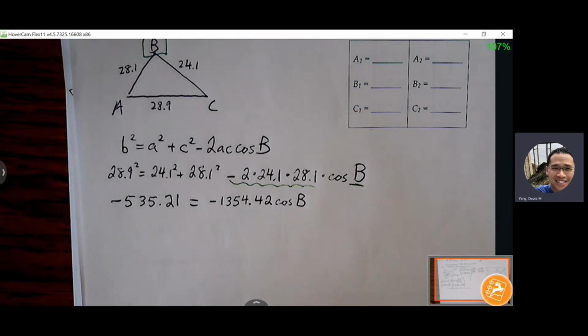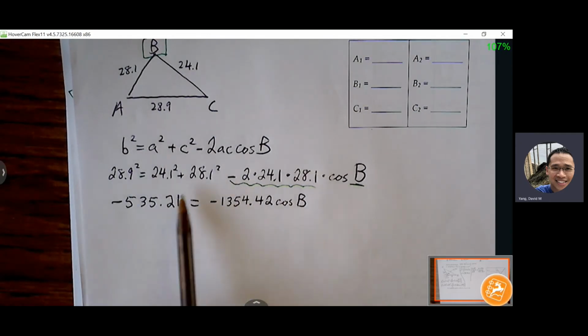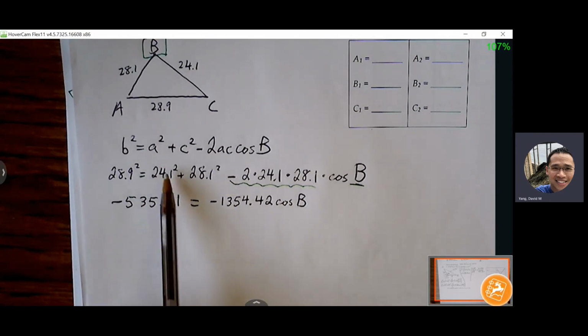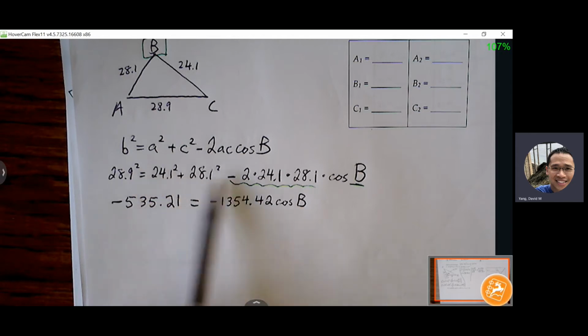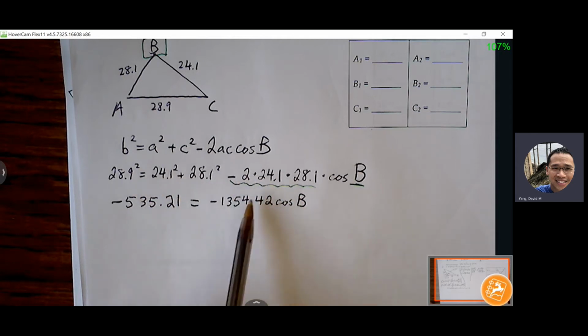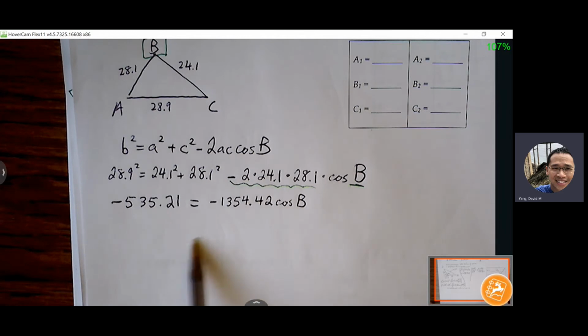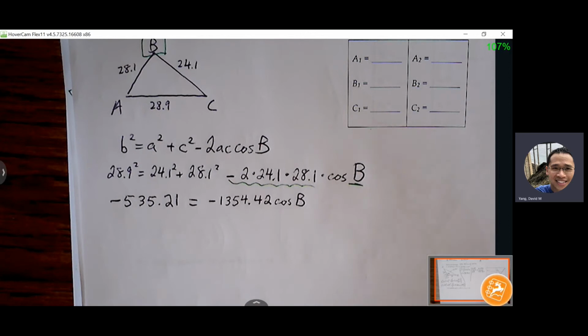Okay. Do we see the flow of events here? Move all your single terms away from the cosine, and then clean this up. And finally, we're going to divide this over, get that cosine B by itself, and then do inverse cosine.